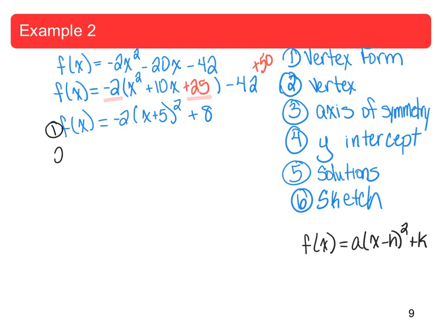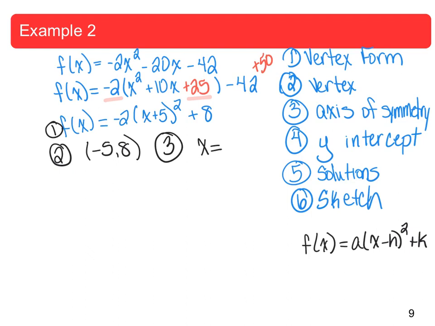Now, from my vertex form, can I identify my vertex? What's my vertex? -5, 8. Okay? From that, can I identify my axis of symmetry? What's my axis of symmetry? X equals, yes, the x value in your vertex.